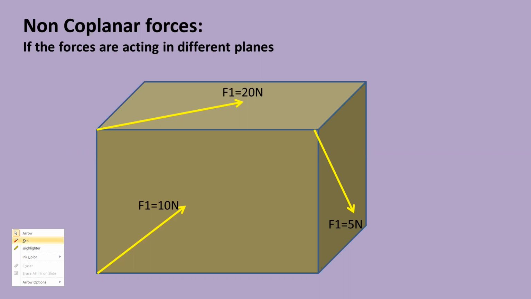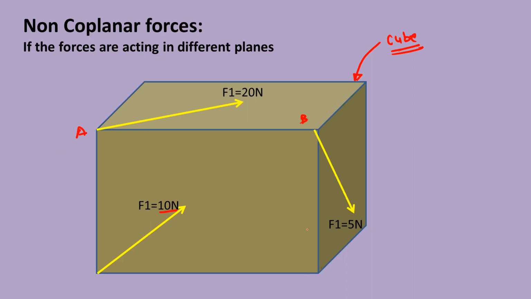So for this, I have taken one box or cube. Okay, so cube will have 6 faces. So here 3 faces are shown. So first force F1, which is 10 Newton, it is acting in this plane. Okay, that is a front face.